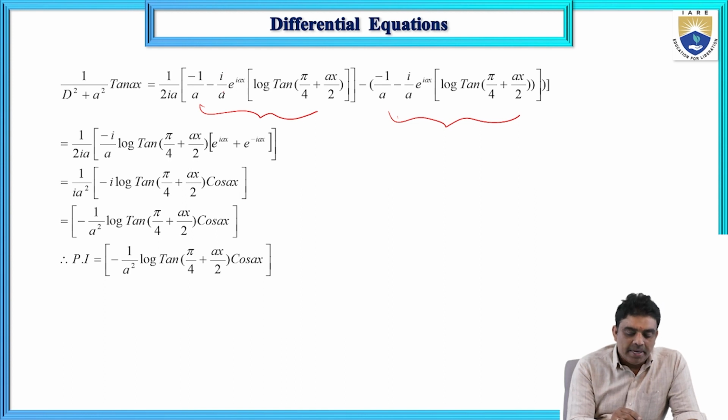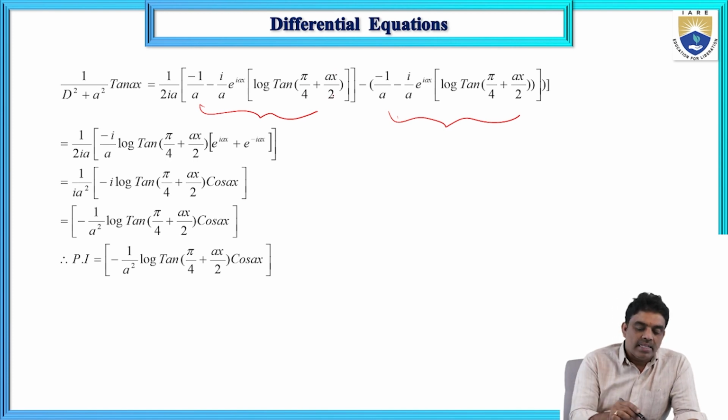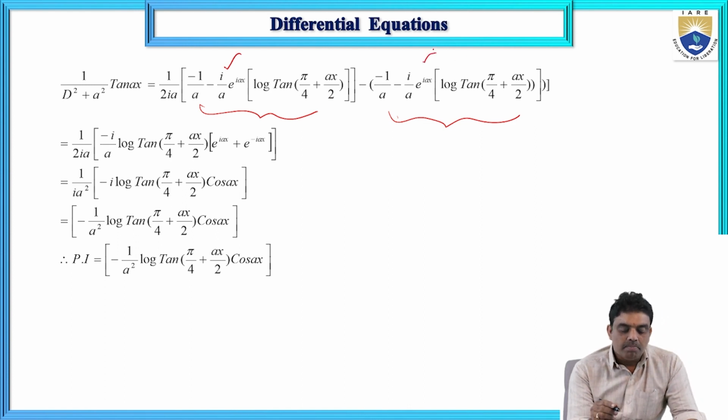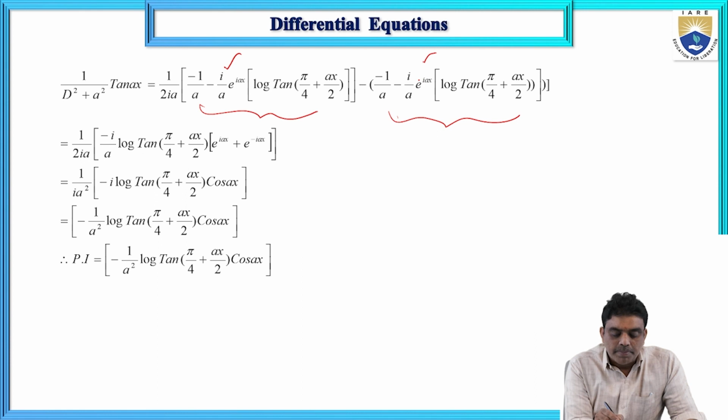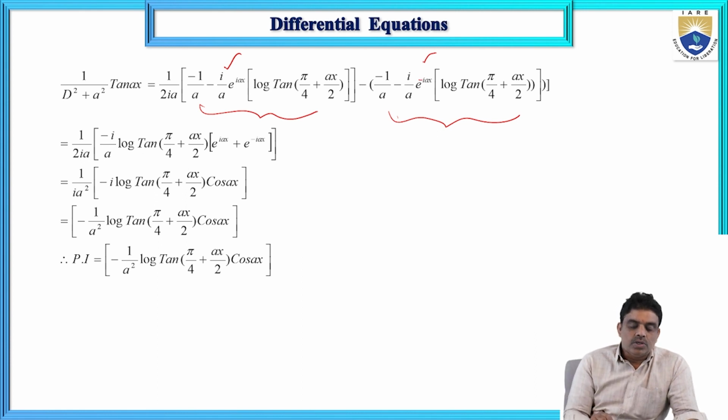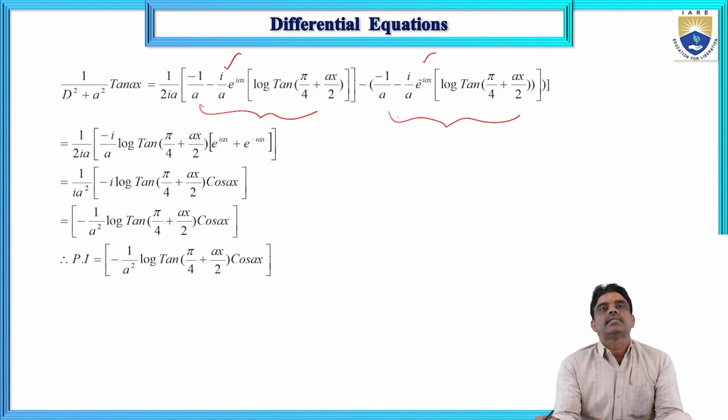And i by a is already there, i by a log tan(pi by 4 plus ax by 2). Taking outside, in the first term e power iax and here e power minus iax. On taking outside i by a log tan(pi by 4 plus ax by 2) with negative sign, we will get e power iax plus e power minus iax.